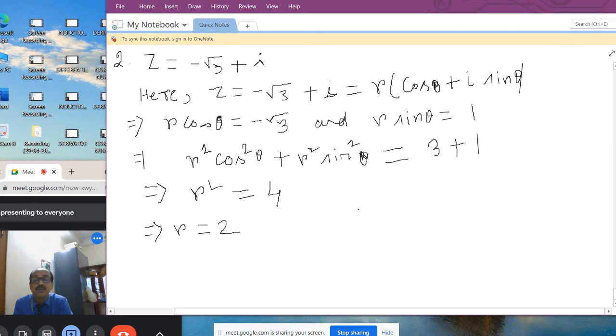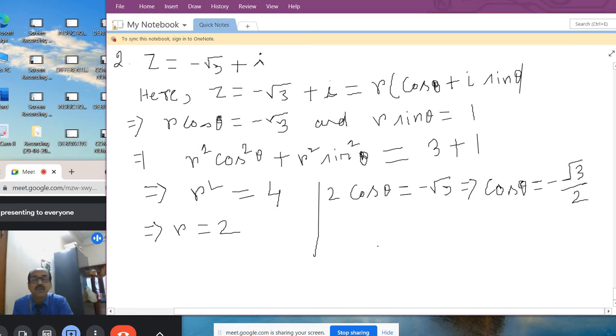2 cos theta equal to minus root 3, so cos theta is equal to minus root 3 by 2.